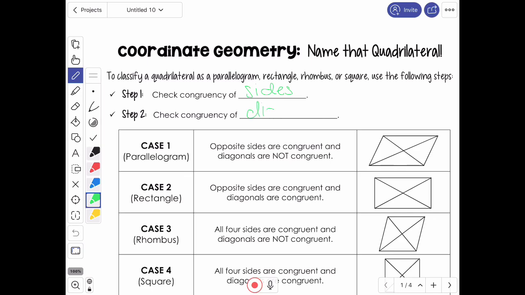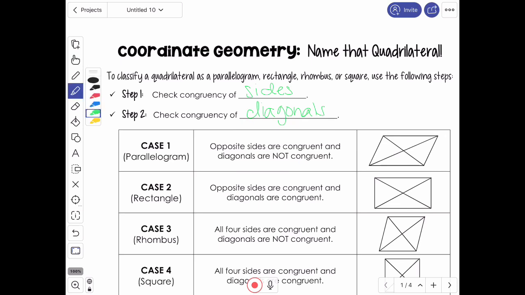So knowing the difference between all four of these quadrilaterals and which ones have congruent sides and which ones have congruent diagonals versus which ones do not, you'll see down here. So case 1, a parallelogram, opposite sides are congruent, but the diagonals are not congruent.